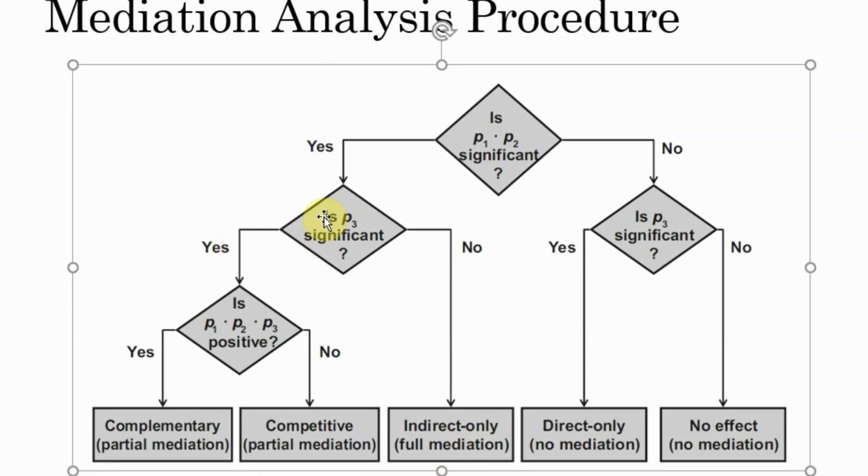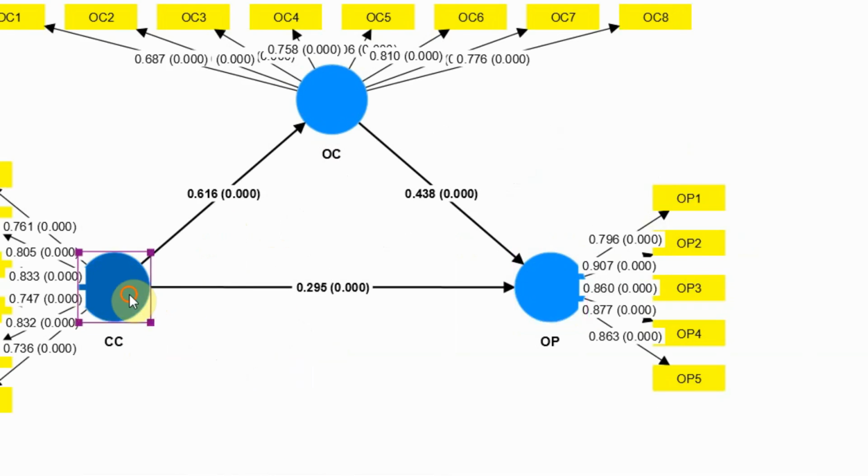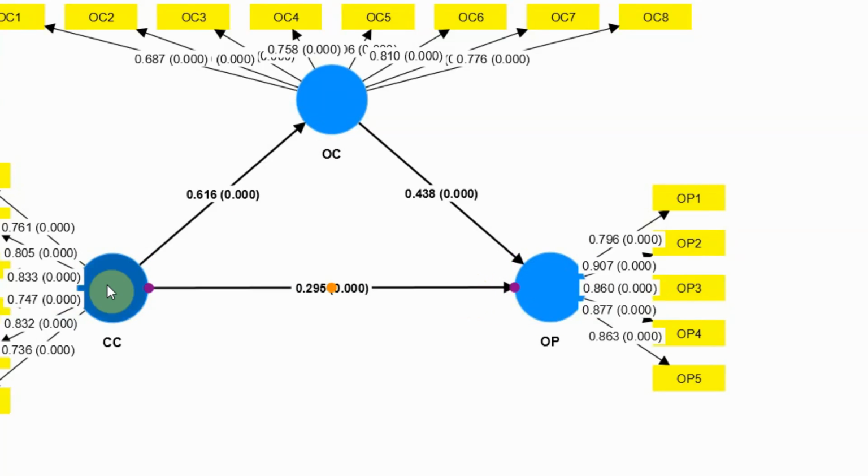But in this case, our P3, that is the direct effect, is significant. So if it is significant, then it is partial mediation. If P3 is significant, you will go down this route, and you've got two options, complementary and competitive, but both are partial mediation. What is partial mediation? Some of the impact of CC on OP is passing through the direct path, and some of the impact is passing through the indirect path from CC to OC to OP.